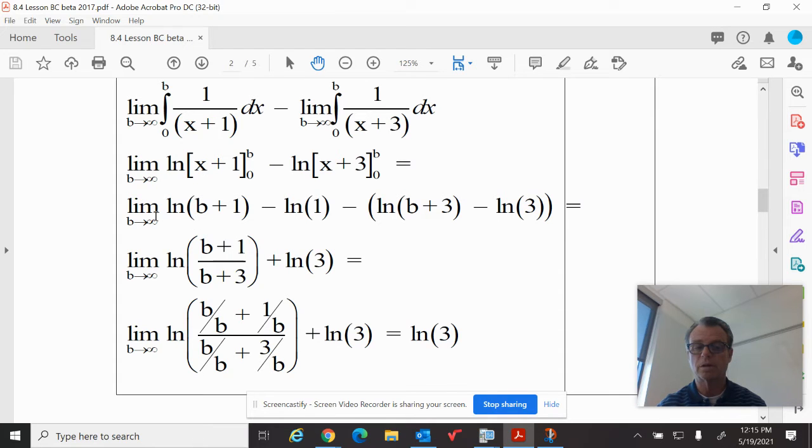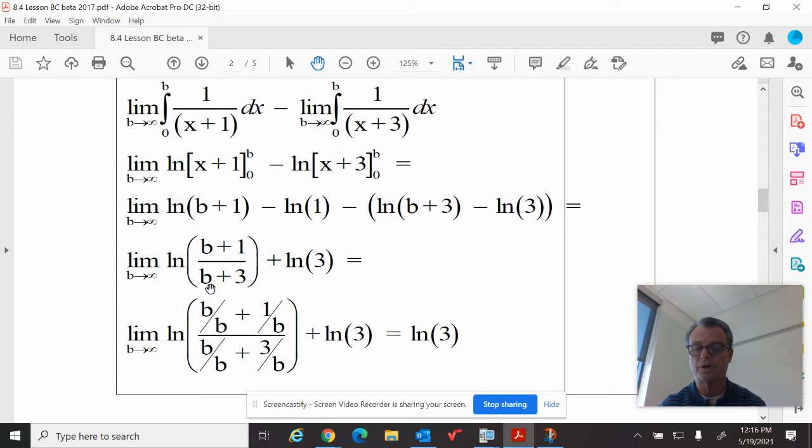So you get the limit as b goes to infinity of the natural log of b plus 1, subtract the natural log of 0 plus 1. Subtract on this side the natural log of b plus 3, subtract the natural log of 3. So by a property of limits, you can rewrite this as the limit as b goes to infinity of ln, this ln 1 is 0.